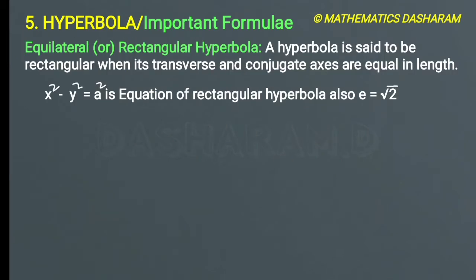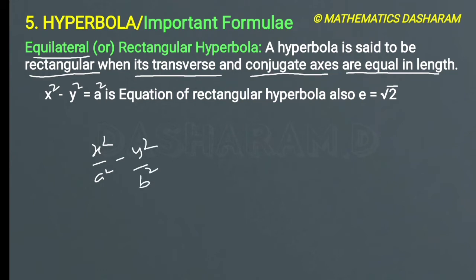The next definition is the equilateral or rectangular hyperbola. A hyperbola is said to be rectangular when its transverse and conjugate axes are equal in length. Actually the standard form of a hyperbola is x square divided by a square minus y square divided by b square equals 1.